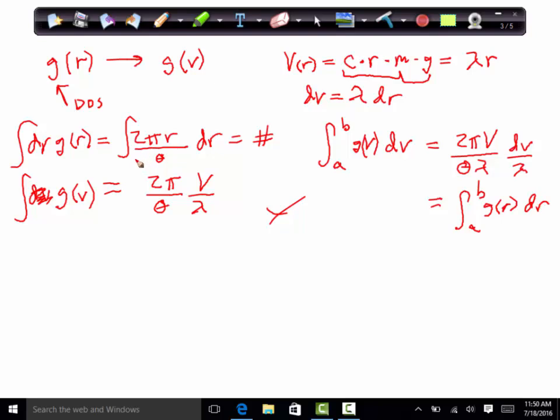Okay, so 2 pi r over theta is our g of r. So when we express that in terms of v, we get 2 pi over theta times v over lambda, check. When we express the dr, we get dv over lambda, check.